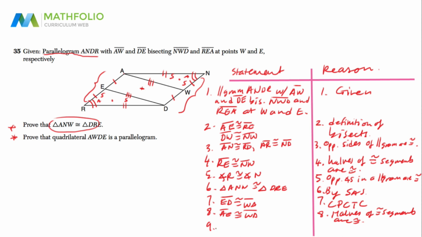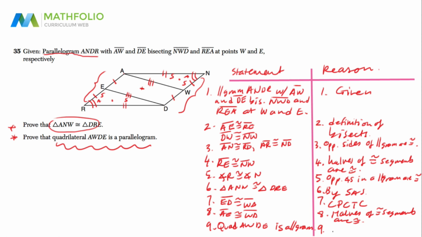And finally, number 9, we would say the quadrilateral AWDE is a parallelogram. That's what it wanted us to prove over here. But now we need a really good reason. So the reason is to do with the definition of a parallelogram.